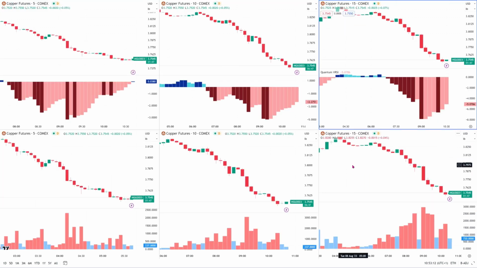So that's copper, but this could be any future that you care to name. But I stress again, we are in purely Globex here, and I hope you can see. And also the other takeaway, and the reason I wanted to do this, was really to demonstrate how volume price analysis plays out in precisely the same way, whether we're looking at a future on Globex or whether we're looking at a future with the cash markets running alongside.